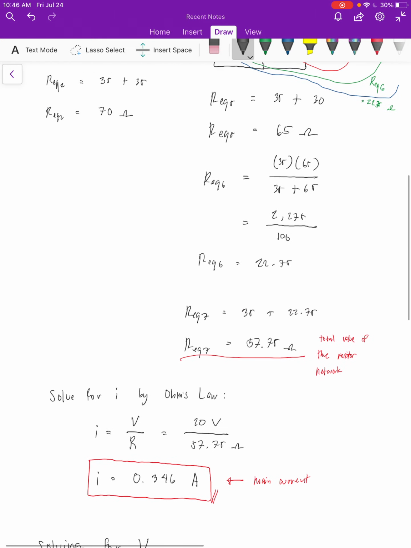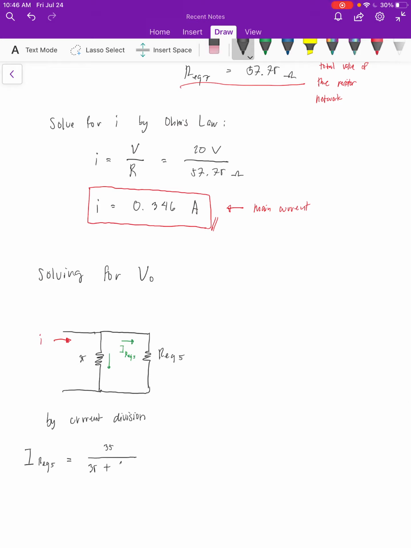Recalling the value of REQ5 is 65 ohms, so we're just going to put 65 ohms right here. All of that is multiplied with the value of our main current, which is 0.346 amperes.